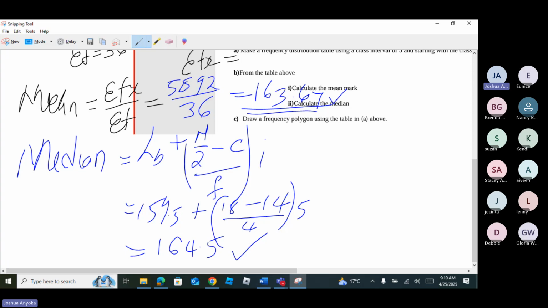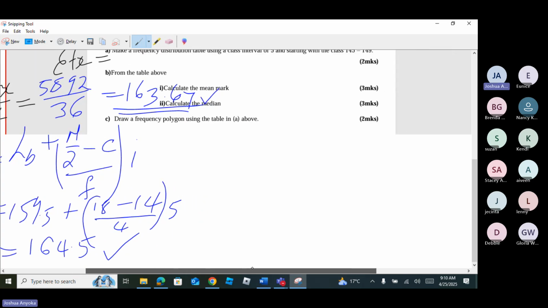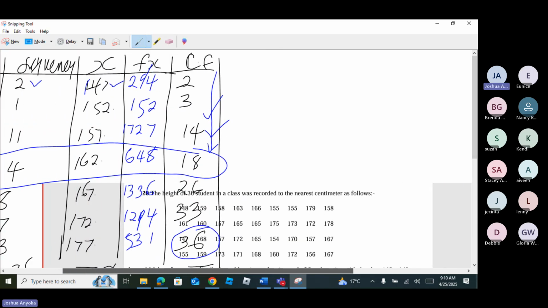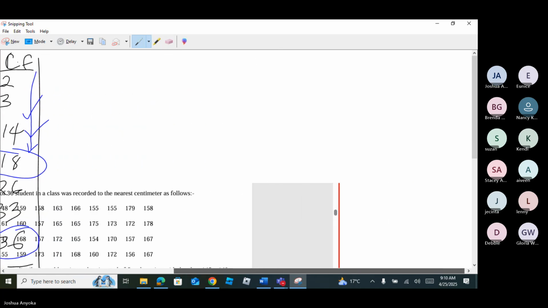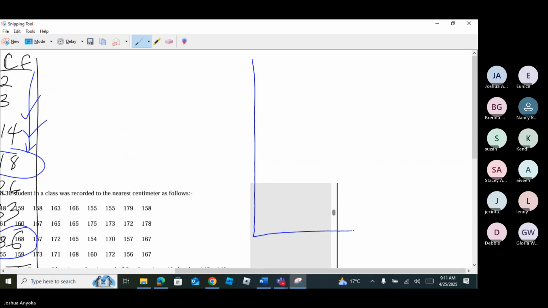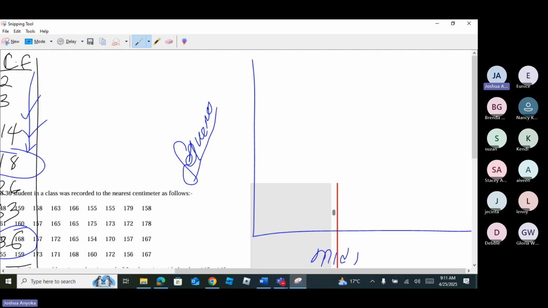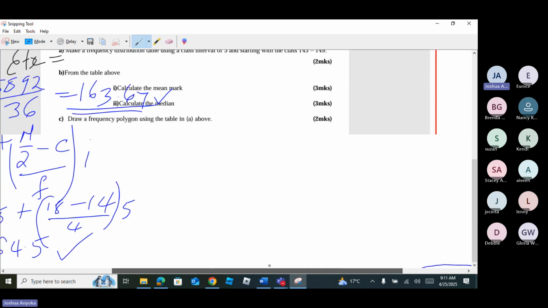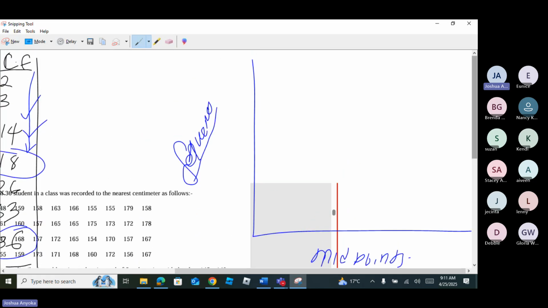Our next question is to draw a frequency polygon using the table in A. For a frequency polygon, we know it is a graph of frequency against the class midpoints, if the class interval is uniform.